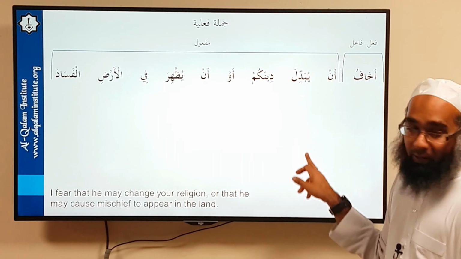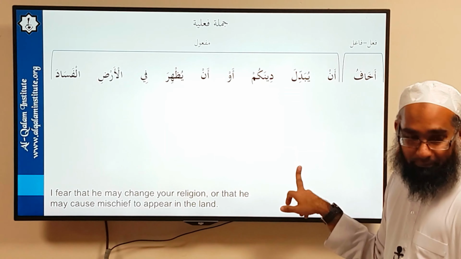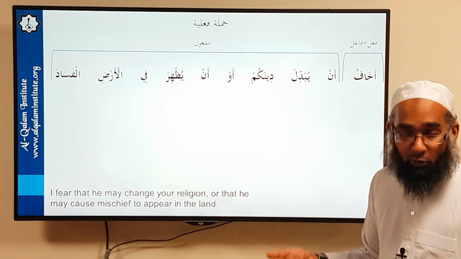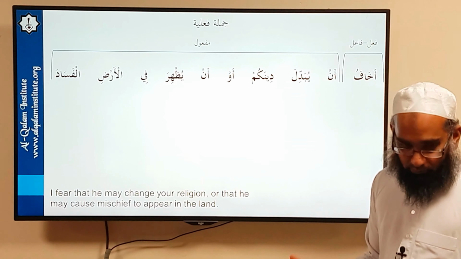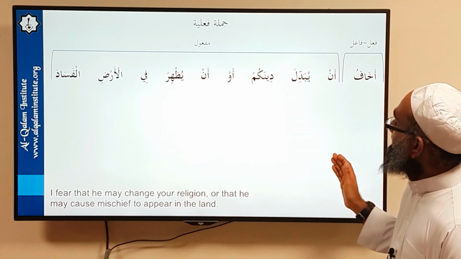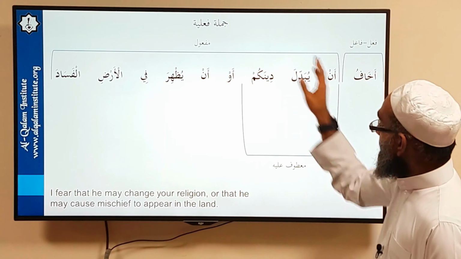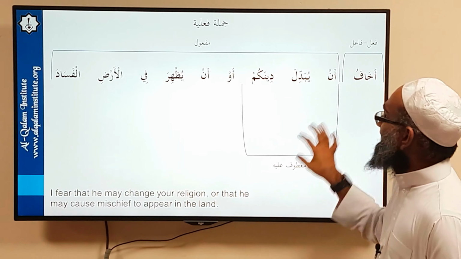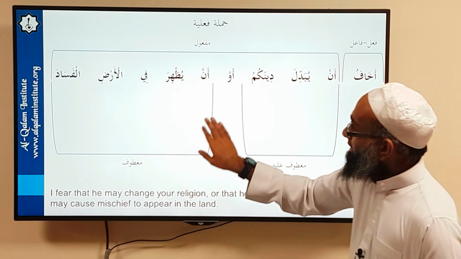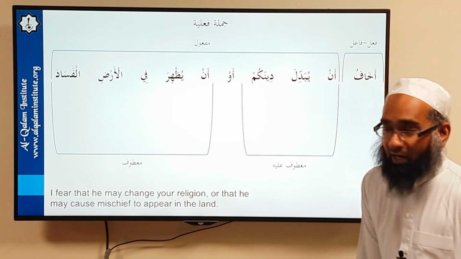So that means the maf'ul is now what? How do we label it? حرف العطف. But before the harf of what will come? معطوف عليه. What's the ma'tuf alayh? أن يبدل دينكم. That's right. And then what's the ma'tuf? أو is harf atf. And يظهر في الأرض الفساد.